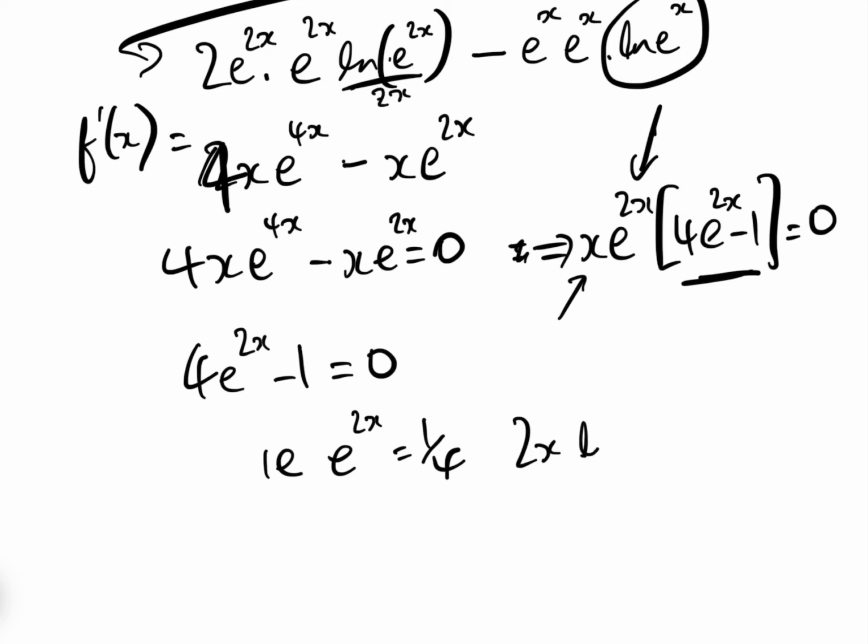So taking logs, 2x log e equals log of a quarter. Log e is 1.